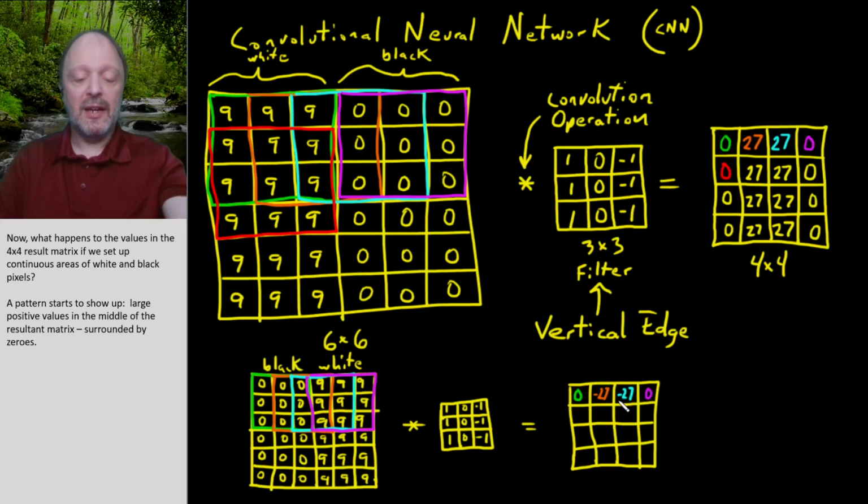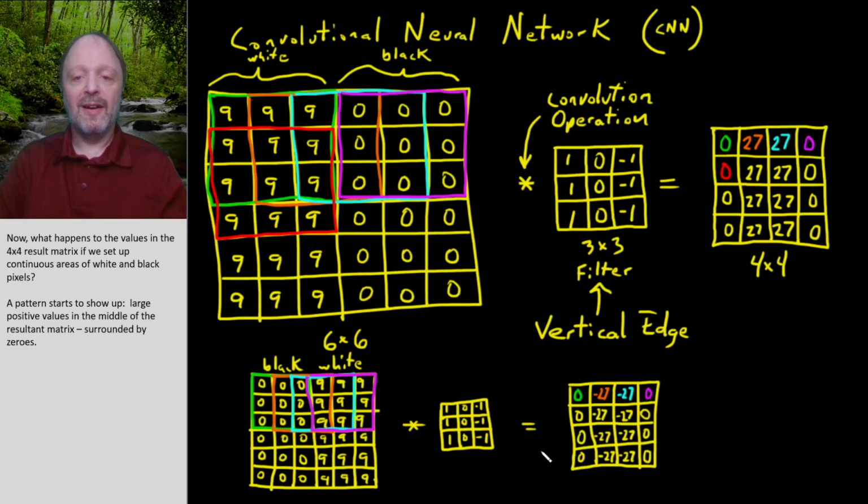And you can see that I'm going to wind up filling it in exactly the same as I did for the very first row. Now the difference is that instead of positive 27s, I have negative 27s in the center of my 4x4.